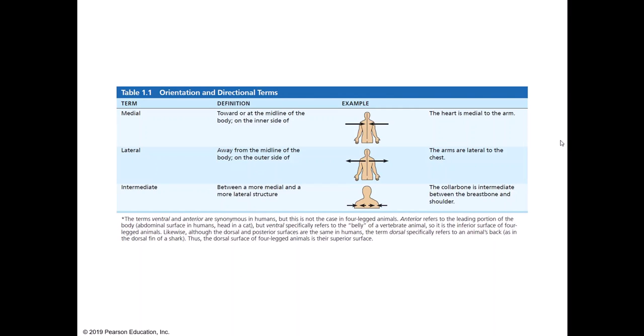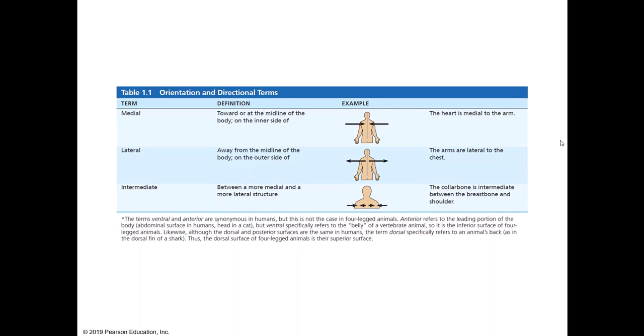Now you'll see that in all of these examples that we've used, we've just had two frames of reference, right? Two body parts that we're referencing. But we could also use the term intermediate if we have three reference points. So the collarbone, you can palpate it. It's the bone here on the, go towards your breastbone in the middle of your chest, and then kind of walk your fingers laterally towards your shoulder, and that is your collarbone.